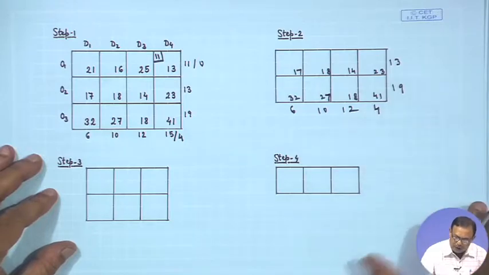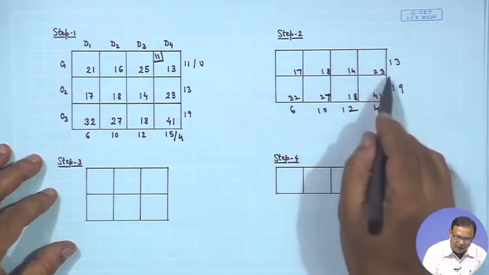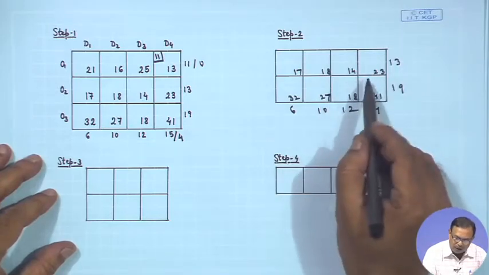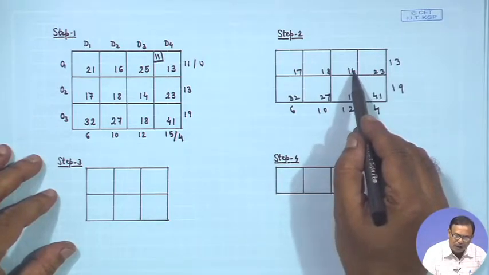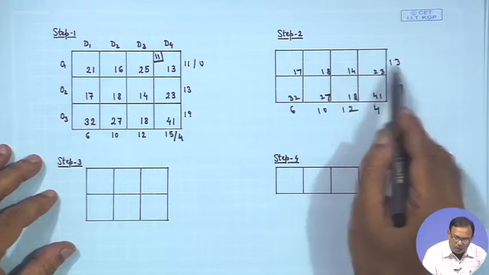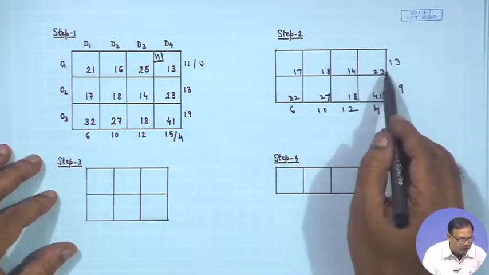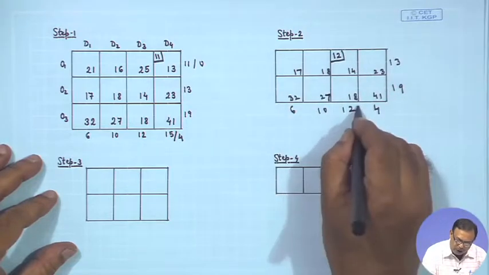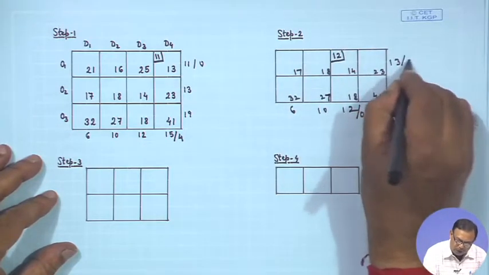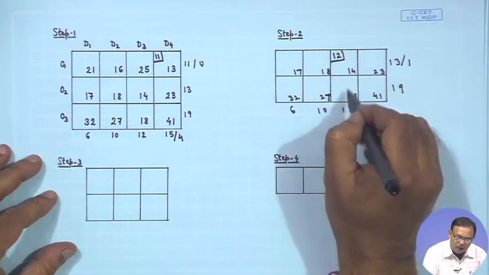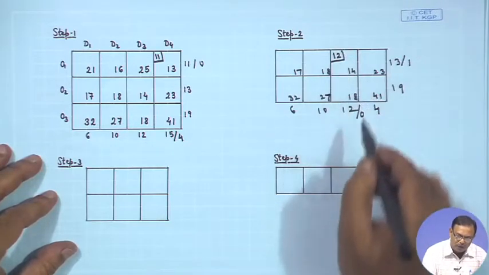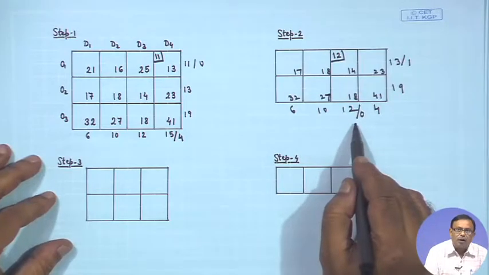Now, once I am doing this, again find the minimum of all these cells. The minimum of all the cells is at cost 14, cell 1 3. So, the minimum of 12 and 13 is 12. So, allocate 12 over here, so that this will become 0, this will be 1. So, remove this column in the next iteration, because our demand is satisfied.